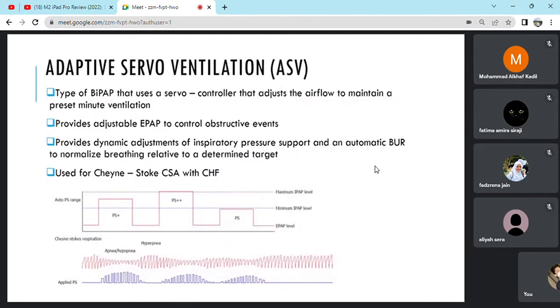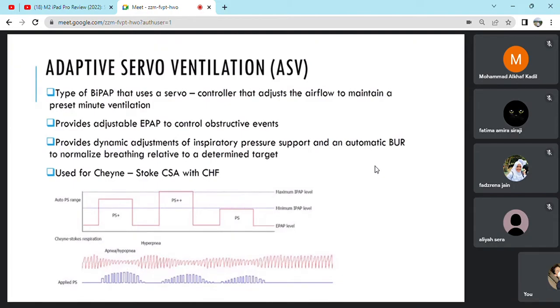So in here, if we look, usually this is what you call Cheyne-Stokes respiration. You can see, again as I've said, you have your apnea and hypopnea, and then of course periods of apneic episodes. So here, you have set your IPAP level. You have also set your EPAP level.